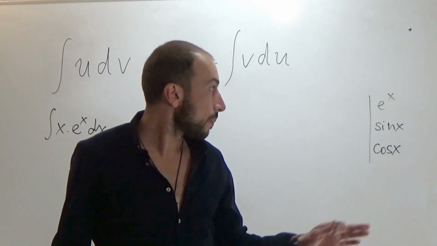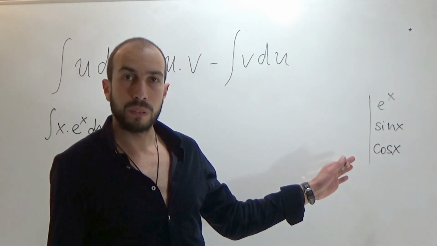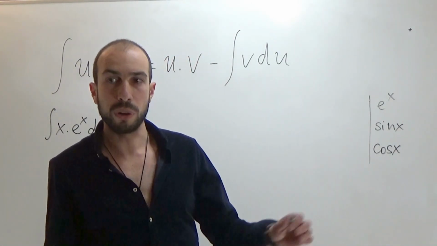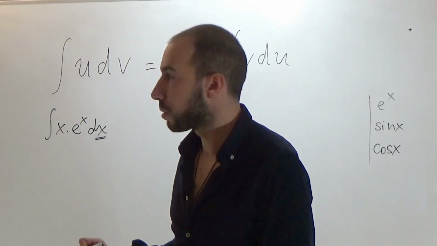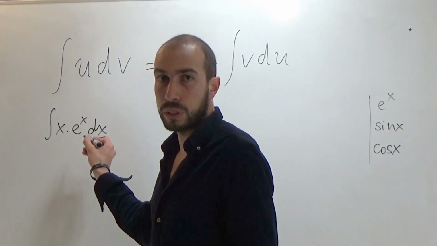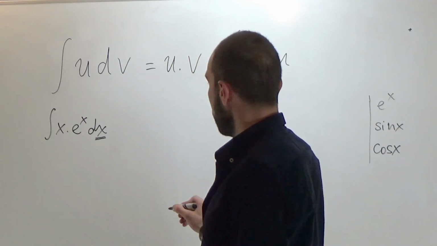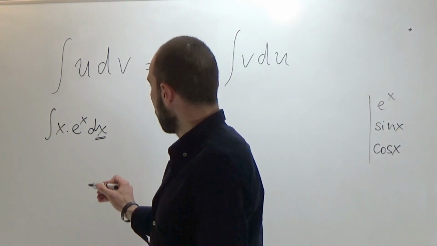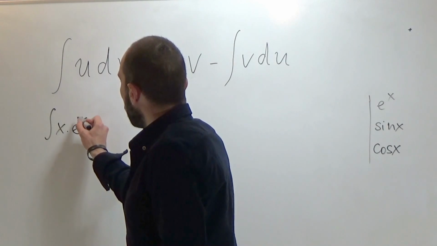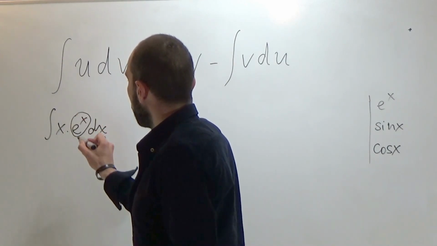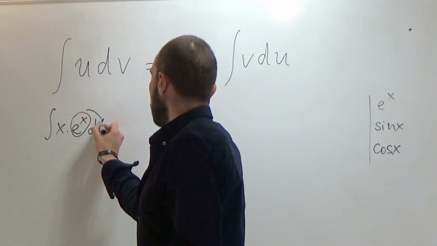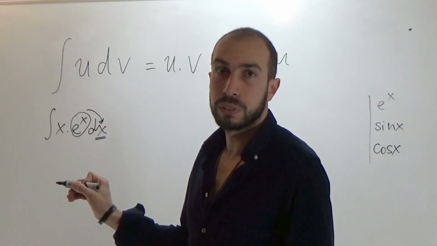These functions here have a priority to be placed after the sign of the differential, and for that reason we choose this function to be placed here after the sign of the differential.